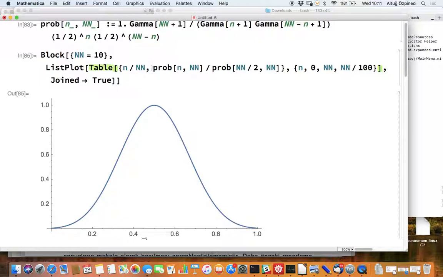And I'm also scaling the x-axis so that, whatever the total number of particles is, it goes from 0 to 1. It's basically the fraction of the particles on the left. So this is for when the total number of particles is 10. You see, the maximum is at 0.5. So half of the particles are on the left and half of the particles are on the right.